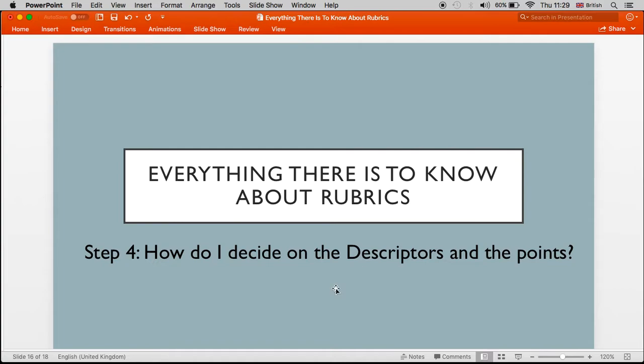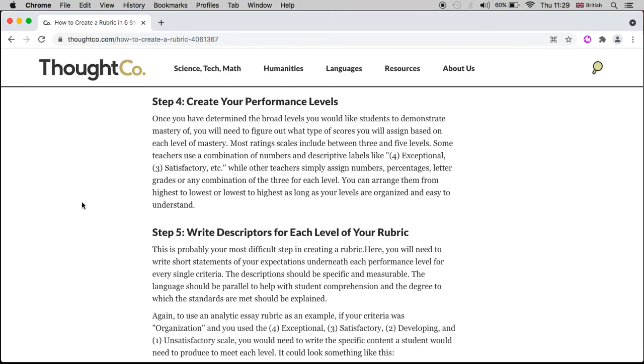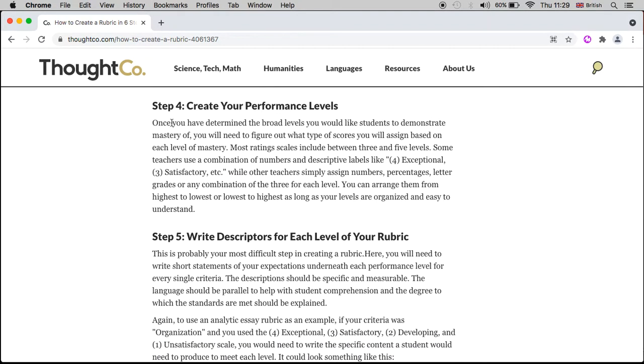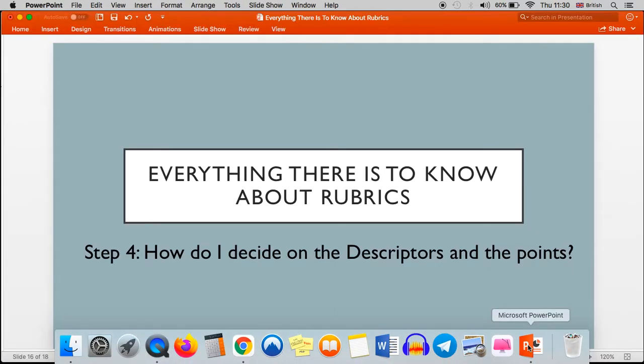The descriptors and the points can be determined once you know the broad levels you would like students to demonstrate mastery of. So now we need to figure out what type of scores we will assign based on each level of mastery. Most rating scales include between 3 and 5 levels, like you see here.